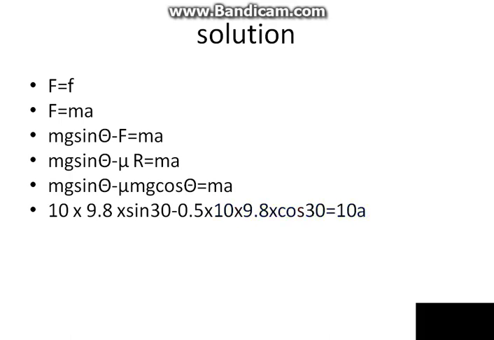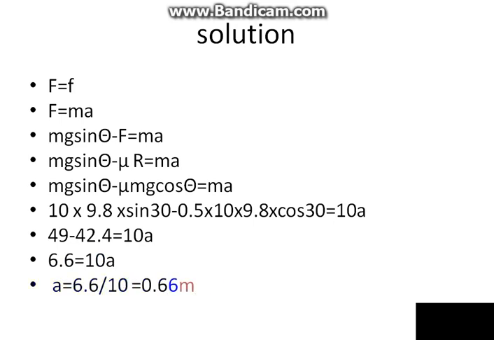Then we have 10 times 9.8 sine 30 minus 0.5 times 10 times 9.8 cos 30, which gives us 10a. 49 minus 42.4 is equal to 10a. 6.6 is equal to 10a. Then to get a, we make a the subject of the formula, which gives 6.6 over 10, which is 0.66 meters per second squared.